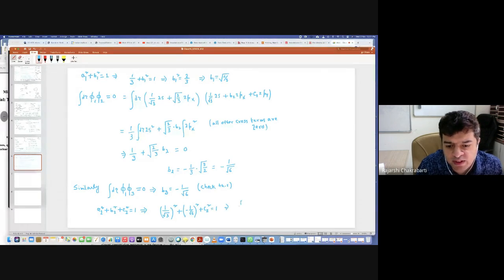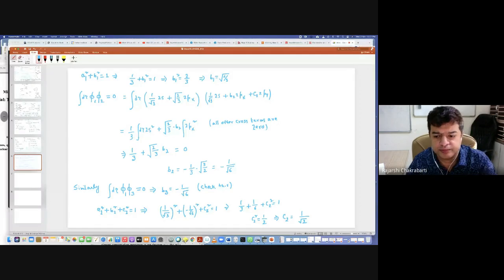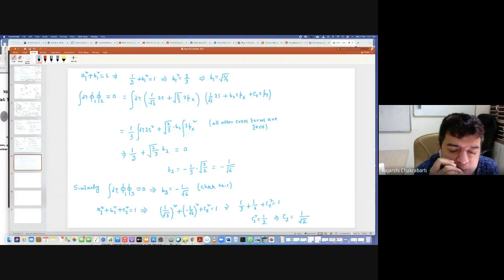Basically it gives you 1/3 plus 1 by 6 plus c2 square equals to 1. So c2 square equals half, you can go and check, and c2 is equal to 1 by root 2. Is it fine with all of you? The c2 has to be 1 by root 2.